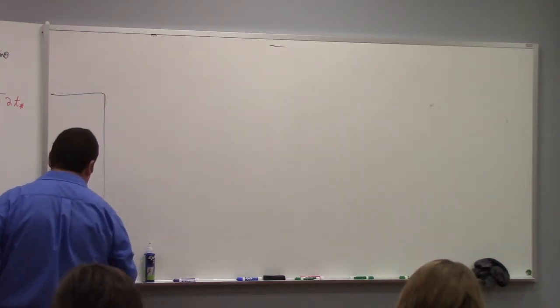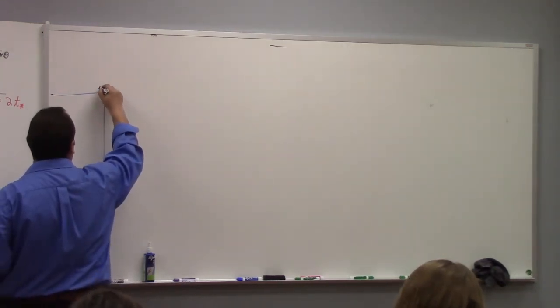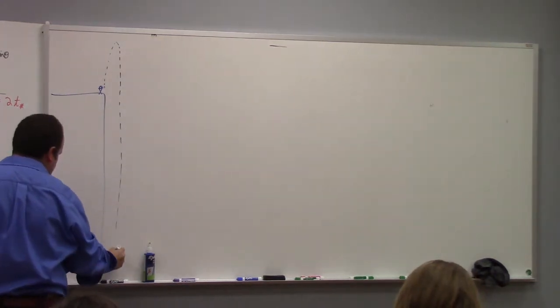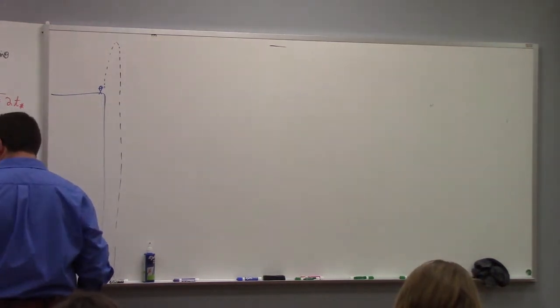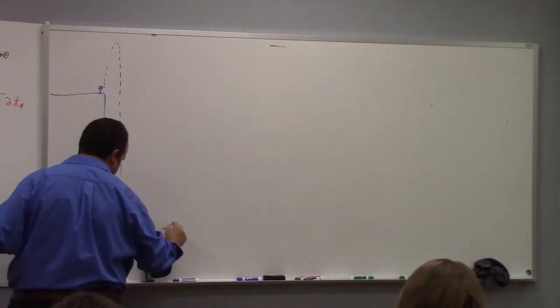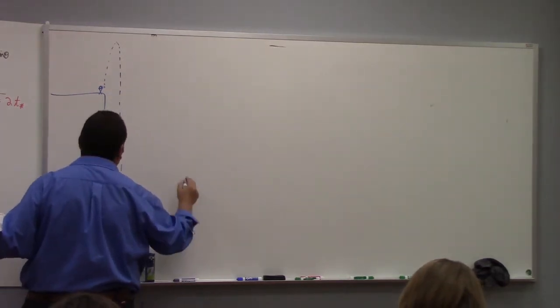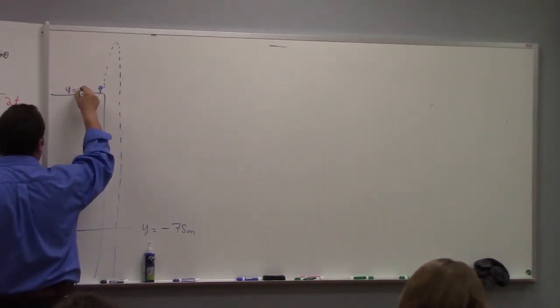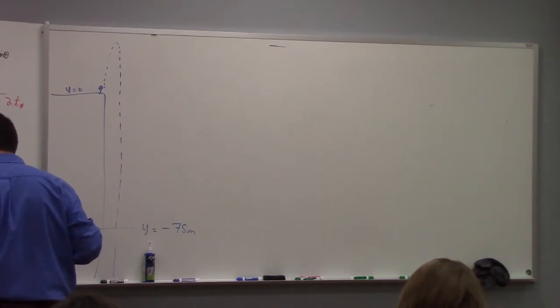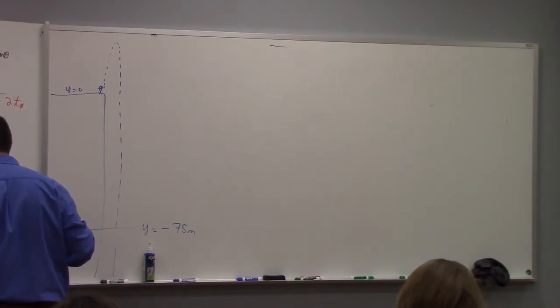Let me draw a picture. Here's the person. Here's the motion. And then what else did we know about this? They said y is equal to minus 75 here. They put y equals 0 up here. So their picture, they've already set a coordinate system, have they not?